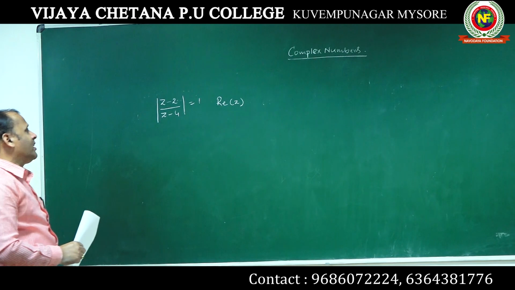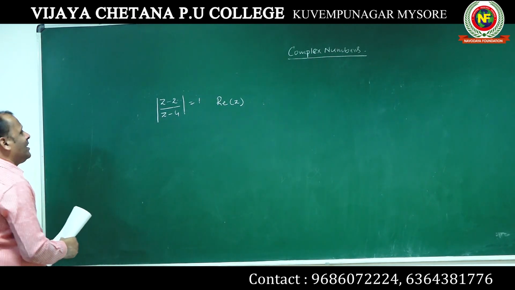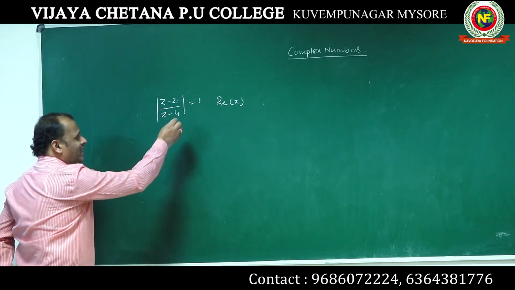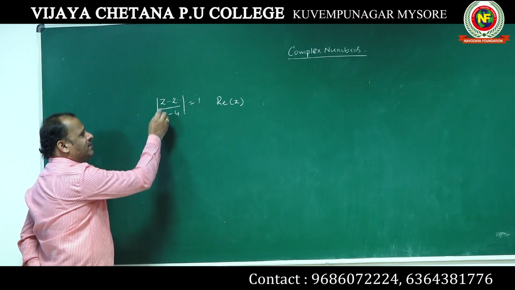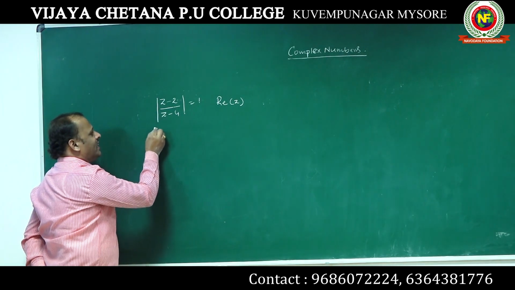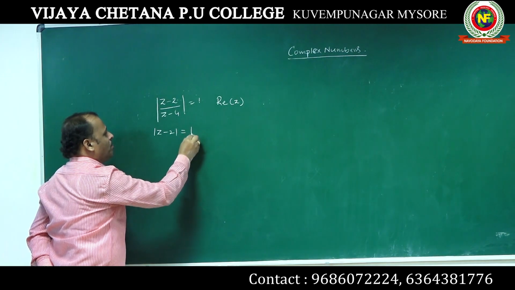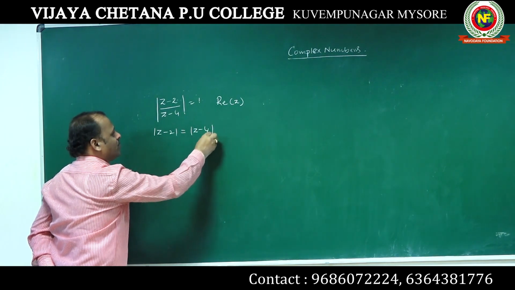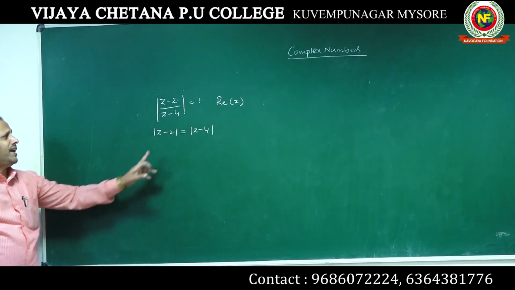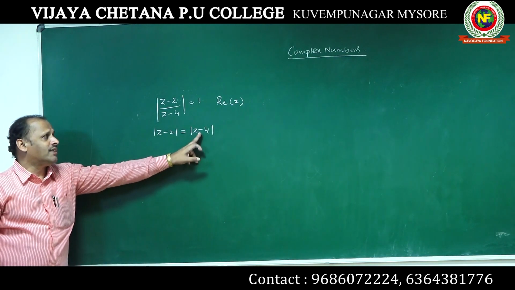Okay. Now here, how to take this? Listen to me. I will take the real part of this. Here, this is the modulus of z minus 2. It is equal to modulus of z minus 4. I will take that as separate numerator and denominator and do the cross multiplication. Modulus of z minus 2 is equal to modulus of z minus 4.